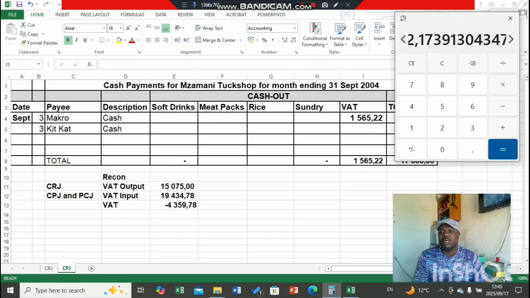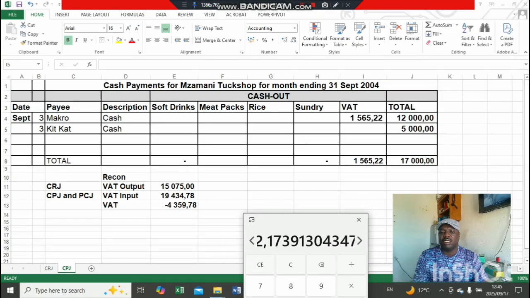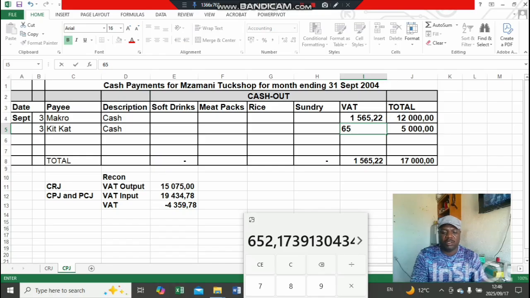So the VAT charged to Mzamani here will come to 652.17.